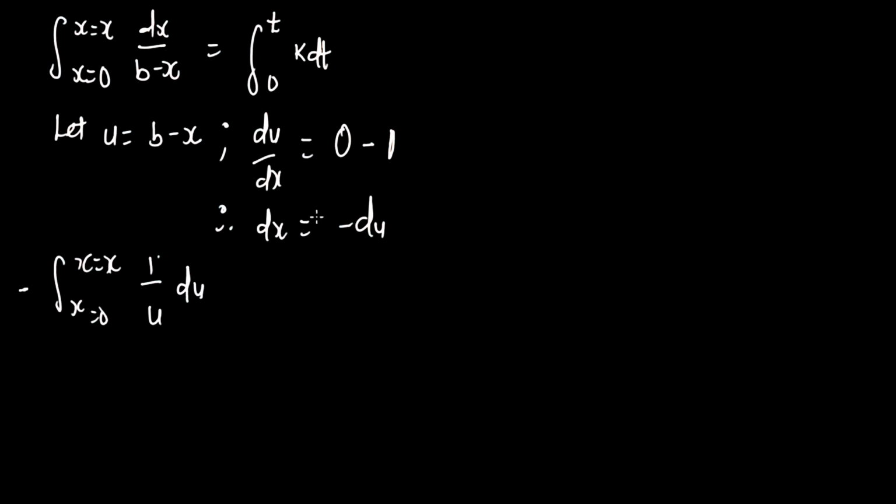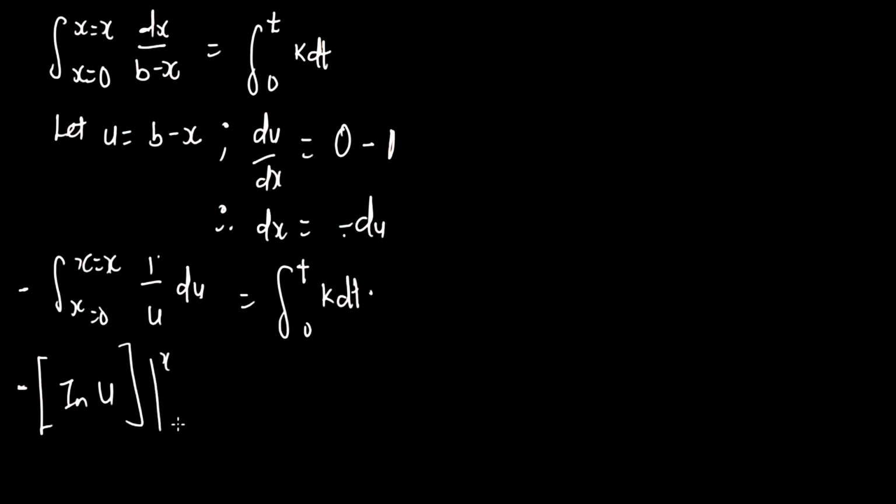We also have the integral of k dt. So we can simply say that negative ln u from x equals 0 equals kt from 0.